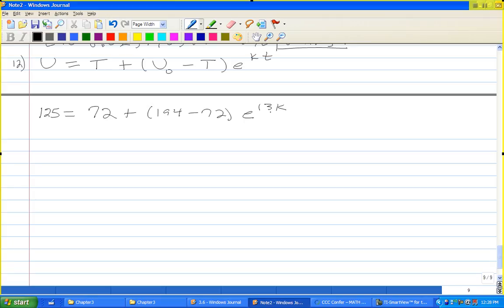Okay, so first let's figure out what K is, and then I'll figure out the time to get to 88 degrees. So let me subtract 72 from both sides of my equation, and then do the 194 minus the 72.